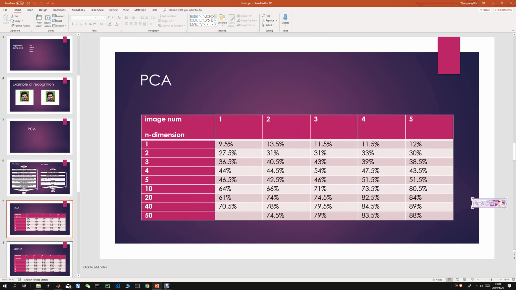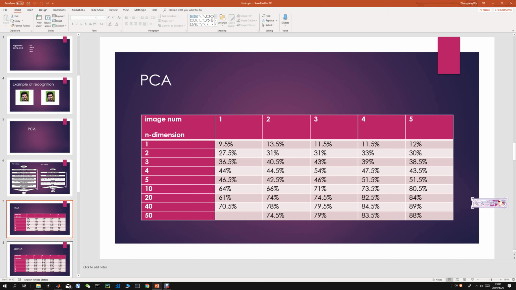Then the PCA result is shown in the table. As we can see, the largest value is when we use 5 images for each person and we use 40 vectors, which means 40 dimensions.